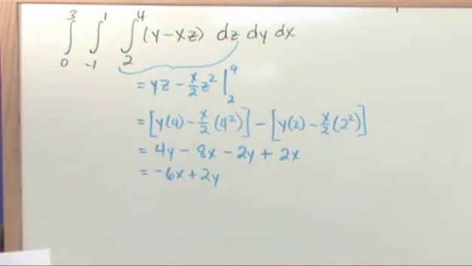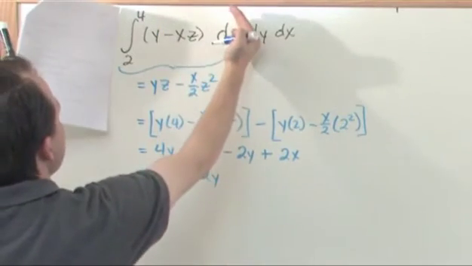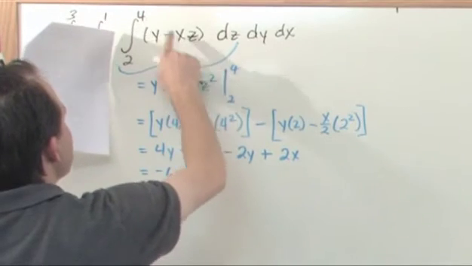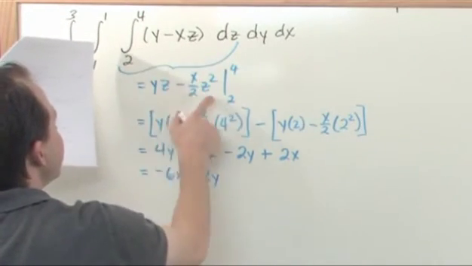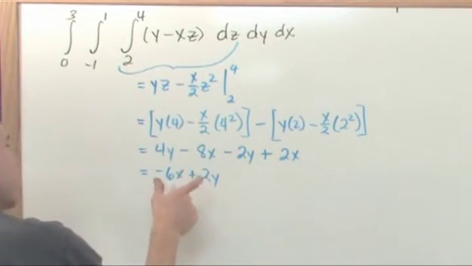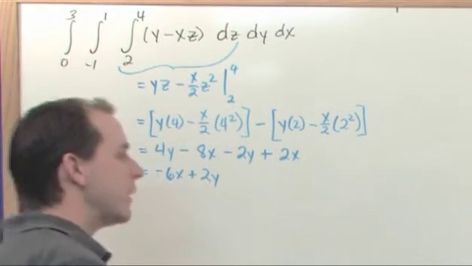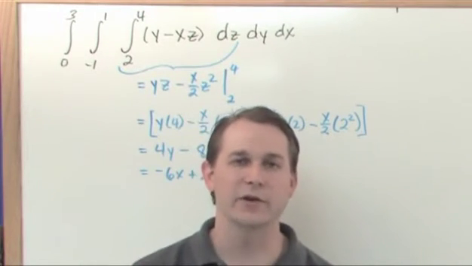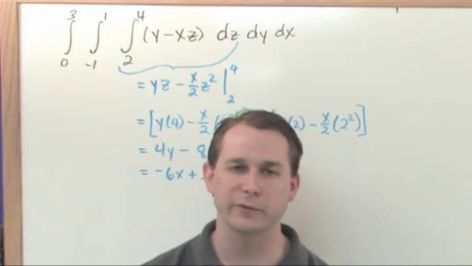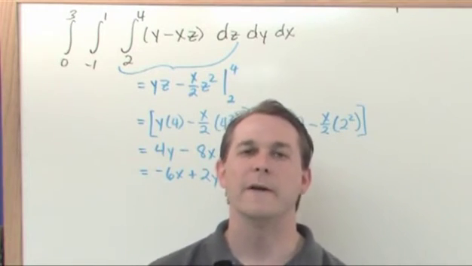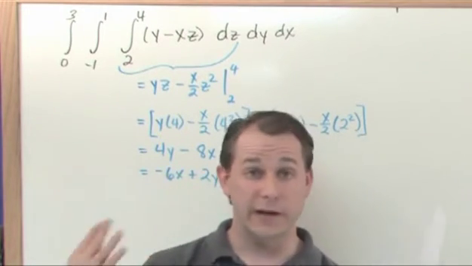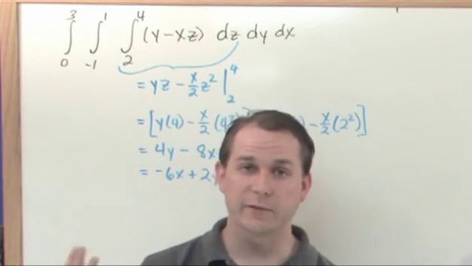Now notice that when I integrated this inner function and plugged in the limits of integration into the z's, I got a function of x and y back. Remember, I took great care to tell you that that would always happen, just to give you a little bit of the theory behind what's going on here. You integrate along z and you plug in values of z, because that's what you integrated over.